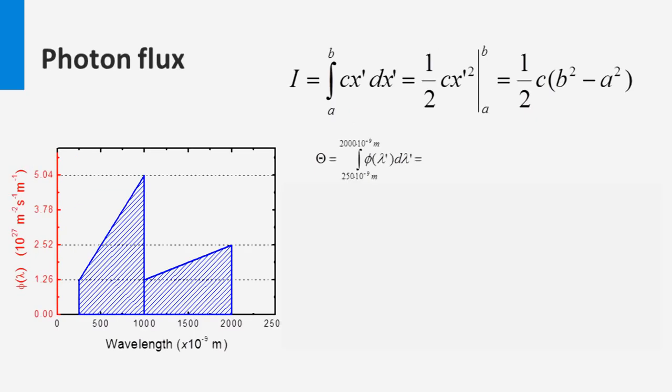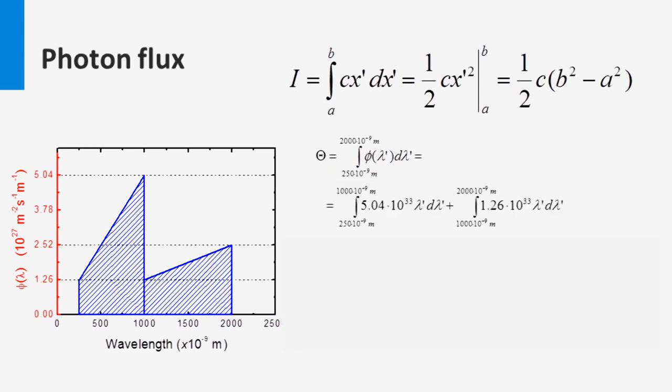The spectral photon flux can be described by two linear functions going through the origin. First, the photon flux is the integral over the spectral photon flux between the boundaries 250 nanometers and 2000 nanometers. We can split this function again in two different regions or two different integrals. One between 250 nanometers and 1000 nanometers, and one between 1000 nanometers and 2000 nanometers.